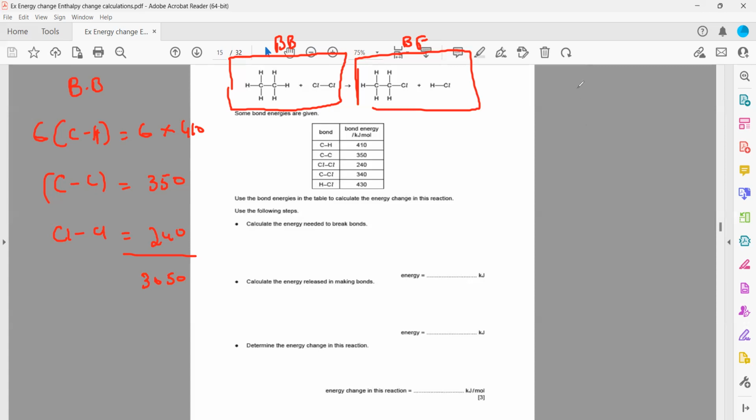Then the bond forming, 1, 2, 3, 4, 5. So there are 5 C-H bonds. So 5 into 410. Carbon-carbon single bond is there, 350.